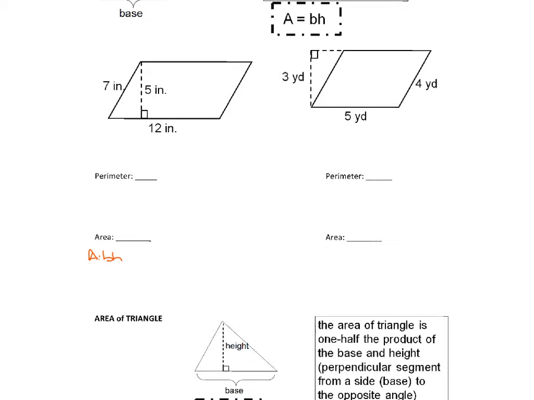So therefore, if this is 7, then we know that this is also 7. And if this is 12, then we know that the top is also 12. So the perimeter would be to simply just add up those 4 sides, and you end up with 38 inches as the perimeter of that parallelogram.